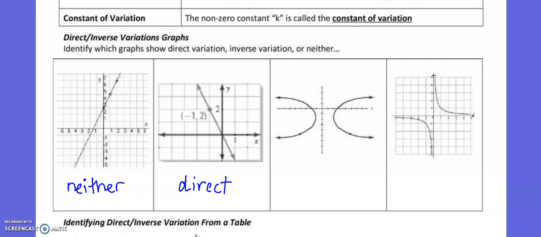It's kind of like horseshoes that are side by side there. And this one is also a neither type of graph. Our last one, it looks like we have that hyperbola. It's not touching the origin, doesn't touch the x or y axis. This one is an inverse variation.